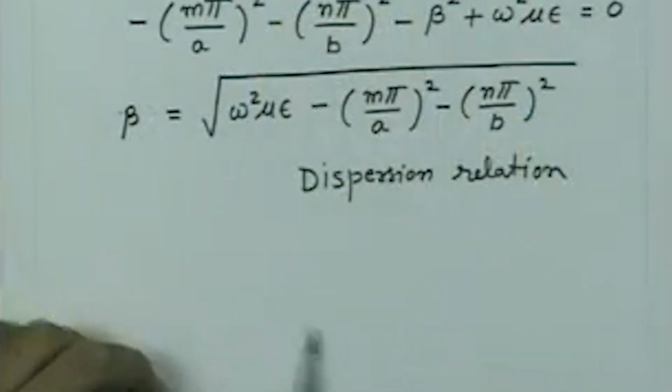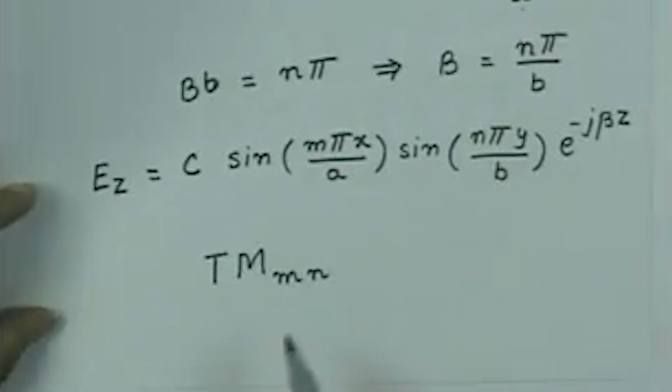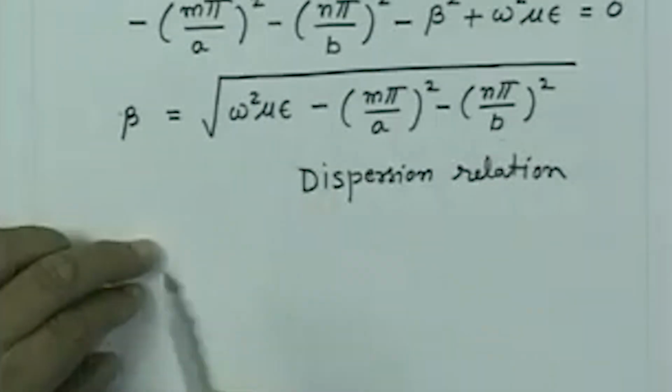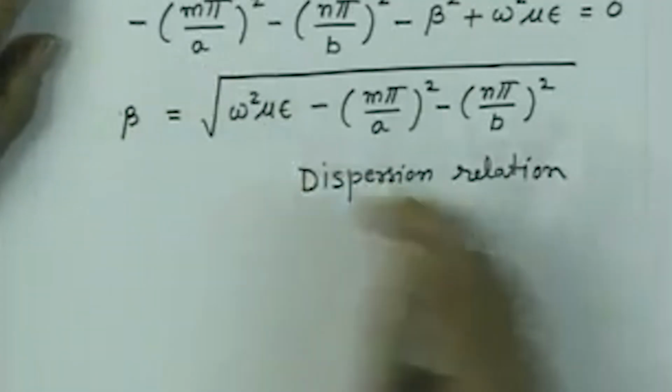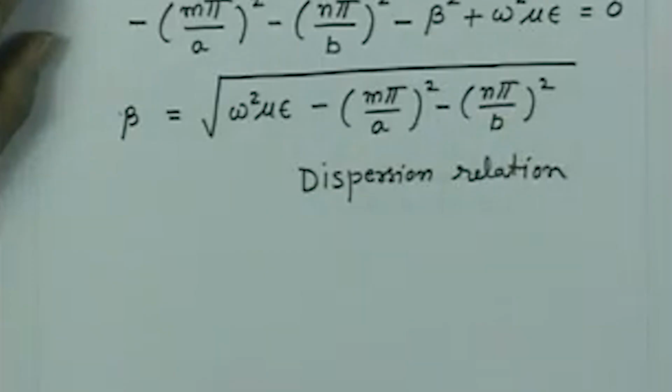Now, if I take m and n both equal to 0, we saw the fields are not existing, but if I take m and n, one of them is 0, then this quantity now, this is h. What is h square now? The h square was defined as omega square mu epsilon minus beta square in our general analysis.